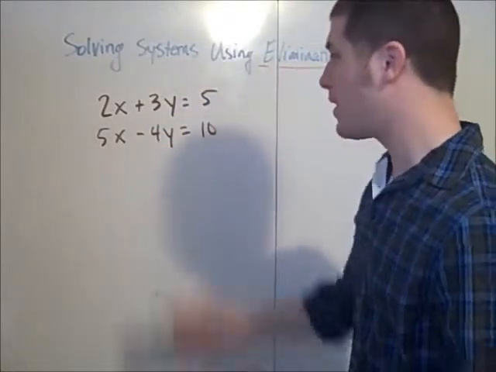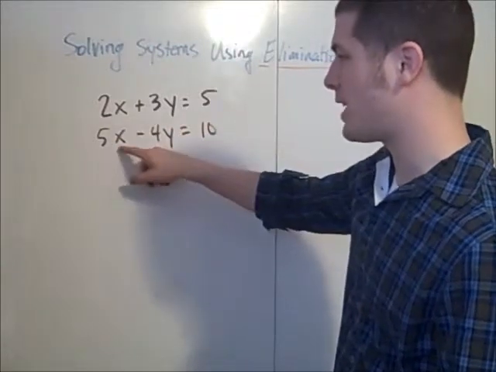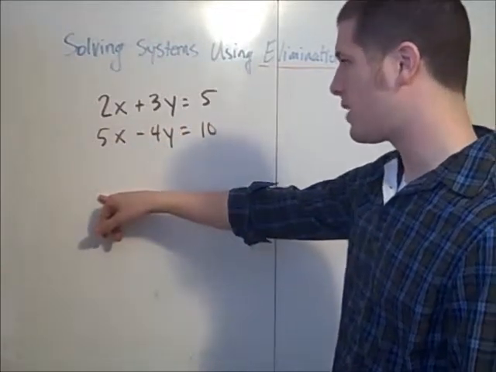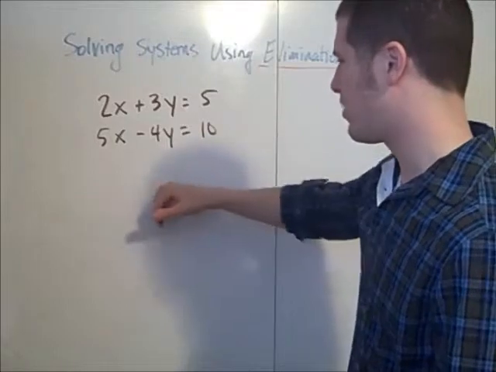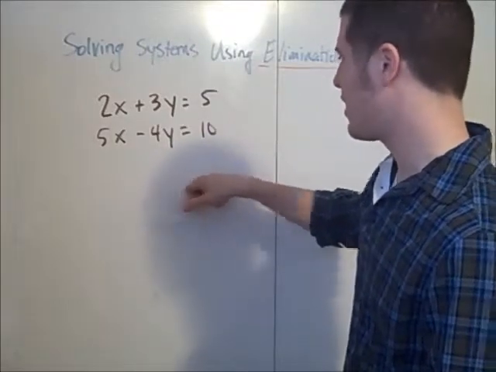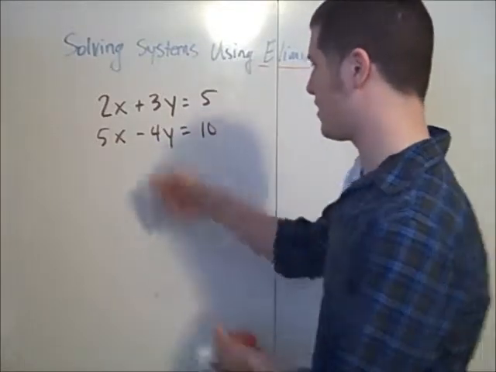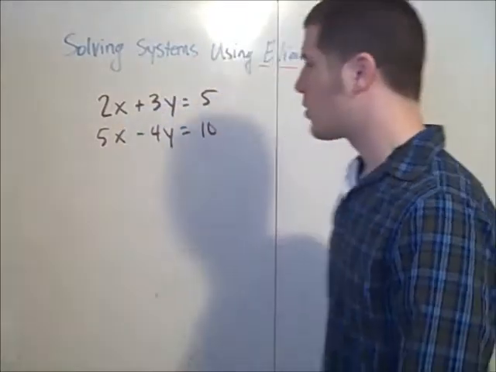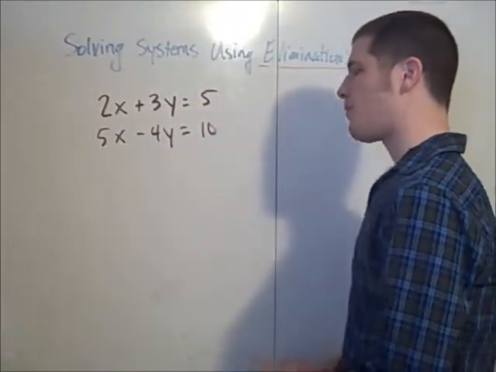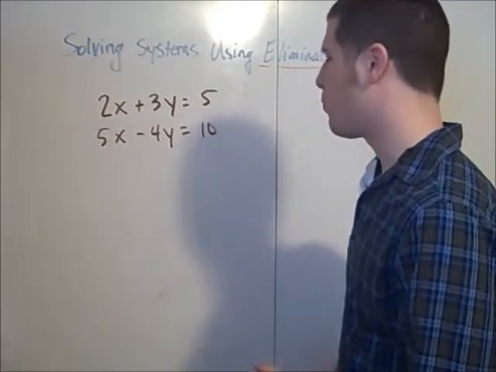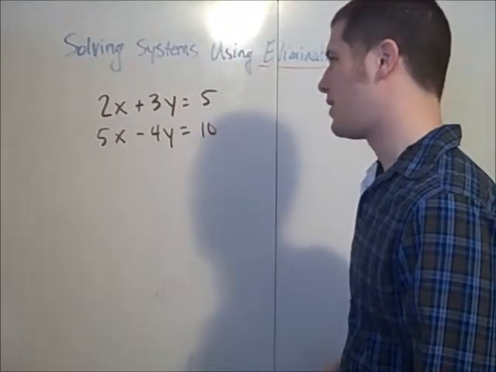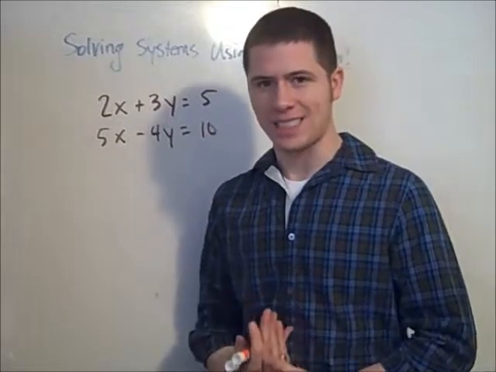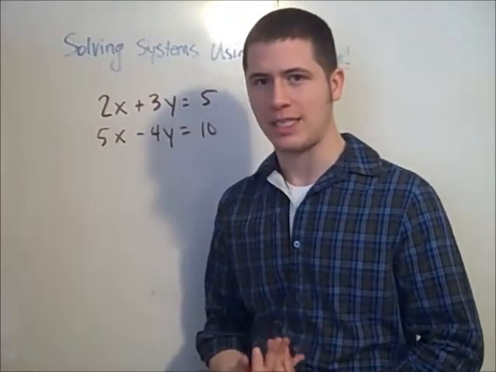If you subtract equations, for instance, you'll have 2x minus 5x is negative 3x, and 3y minus negative 4y is 7y. That doesn't eliminate anything. So what you have to do is multiply through by a non-zero constant to force coefficients of one of the variables to be the same.